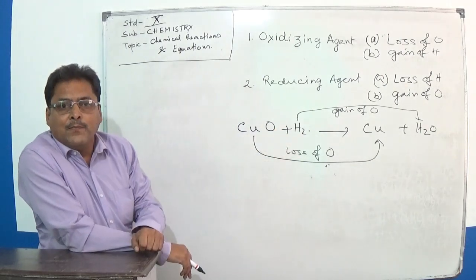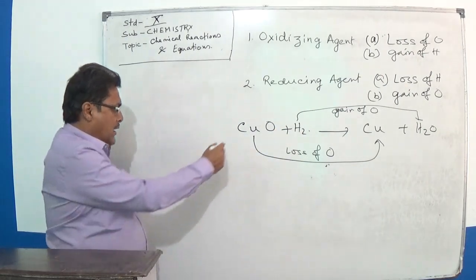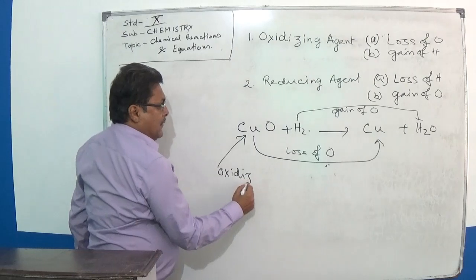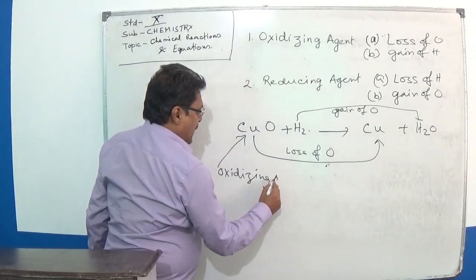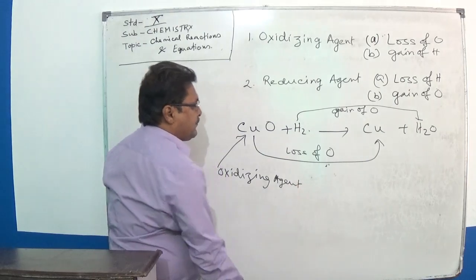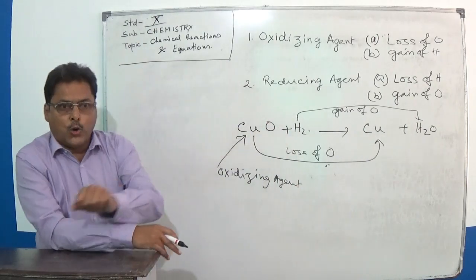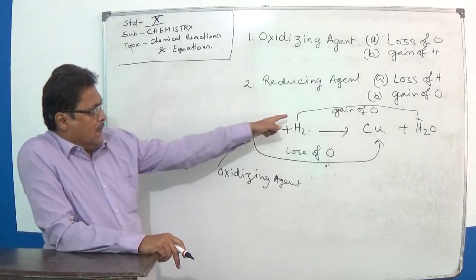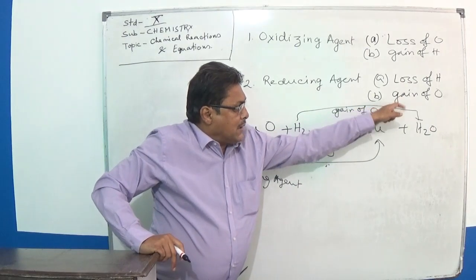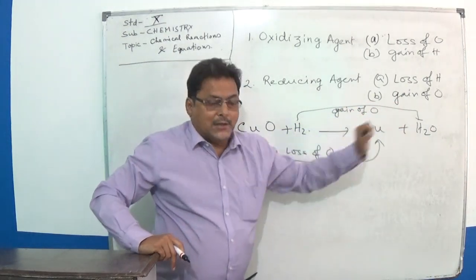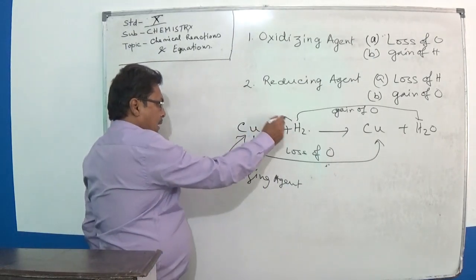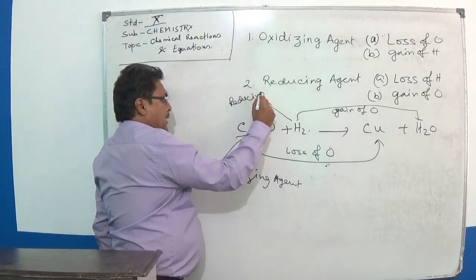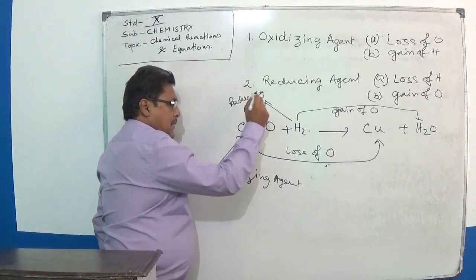Copper oxide has been reduced, so it must be the oxidizing agent. And hydrogen, that has gained an oxygen, it has been oxidized. So it must have been the reducing agent.